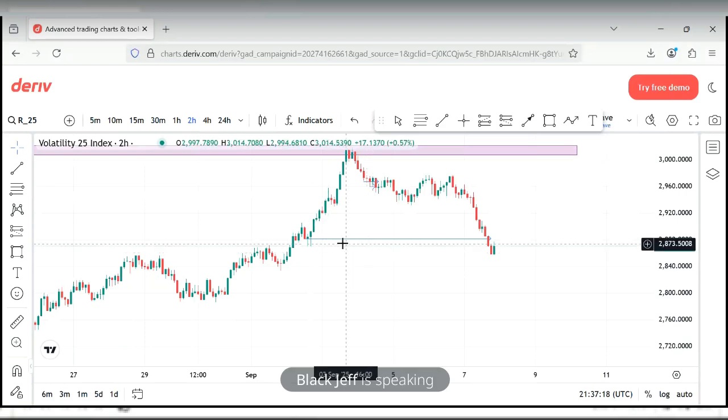The very first thing I want to do, on this V25, I'll show you how to enter this trade. This is a current sell trade. The first thing is to check for the recent key level. We have this red candle and this green candle forming the key level, and it is fresh.